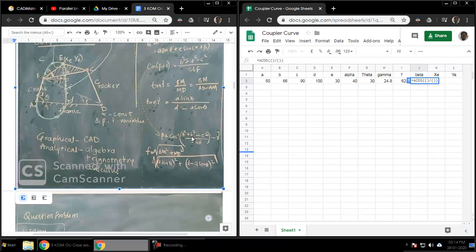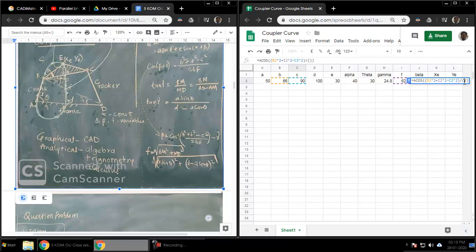So the numerator is b power 2 plus b square plus f square minus c square. C values here, c power 2. So numerator is clear.